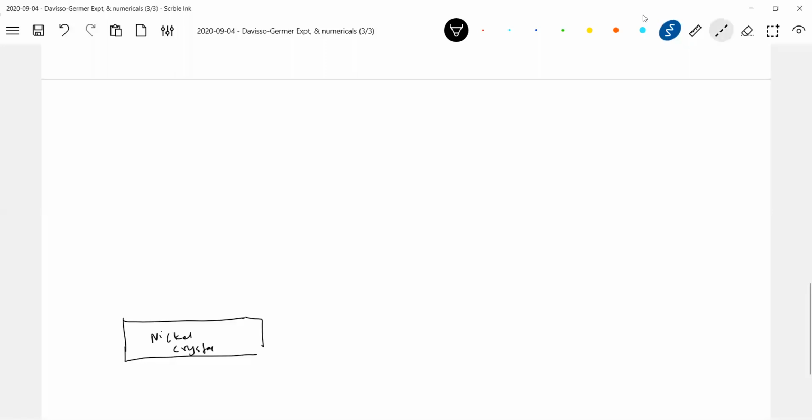This was the incident beam. I'll just show electrons. How do I produce this? The electron gun.